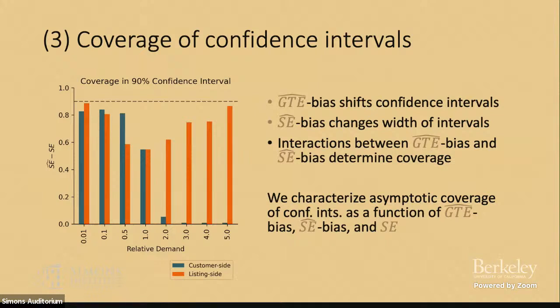And when you have these standard error biases, it's either decreasing or increasing the width of your confidence intervals more or less than they should be. And so this will create errors in your coverage. And we actually do characterize the asymptotic coverage of the confidence intervals as a function of the treatment effect bias, standard error bias, and true standard error.